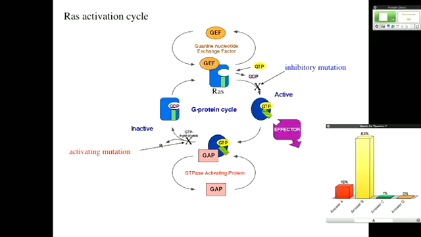So remember, Weinberg showed that if I introduce the mutant form of RAS into normal cells containing the normal cellular form of RAS, it acts in a dominant way to cause uncontrolled growth.